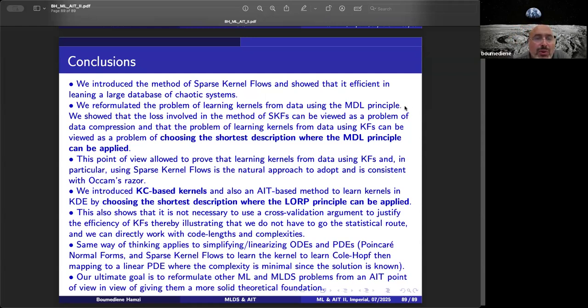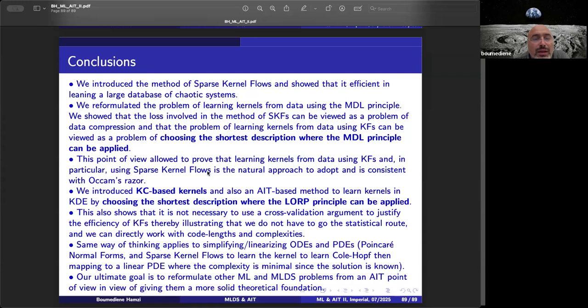We reformulated the problem of learning kernels from data, and we showed that the method of sparse kernel flows can be viewed as a problem of data compression, and that learning kernels from data using kernel flows can be viewed as a problem of choosing the shortest description where the MDL principle applies. The method of sparse kernel flows is the natural way to learn kernels from data that is consistent with Occam's razor.